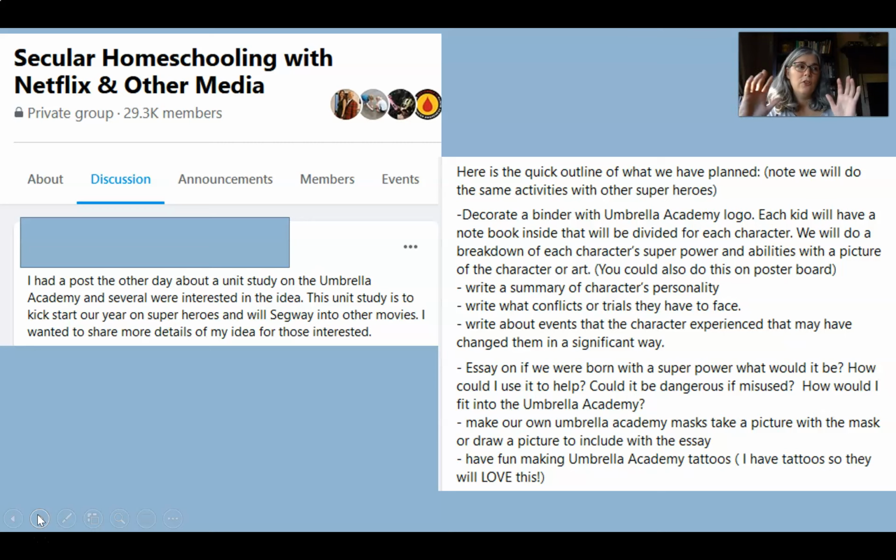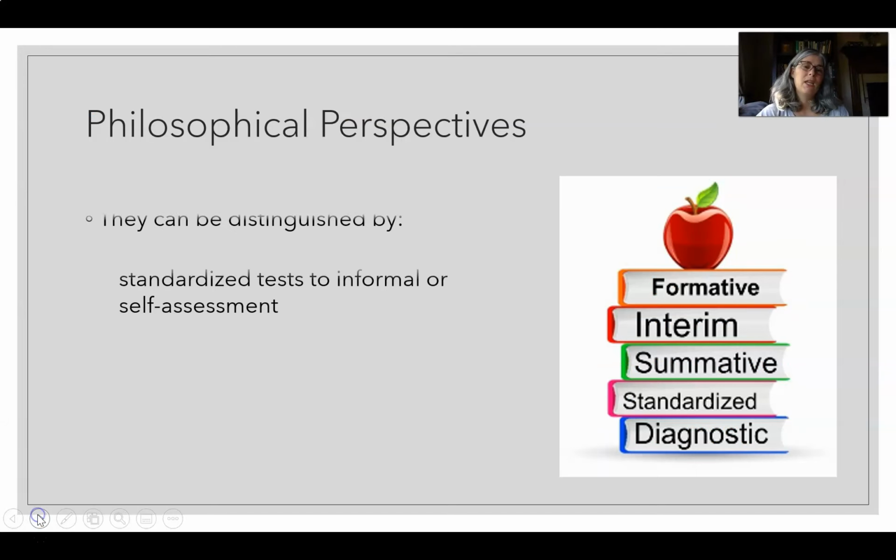So her entire curriculum was being driven by her students' interests, which were the Umbrella Academy, and that she is connecting this to writing, she's connecting this to their science classes, and I only included a few of the activities she had listed. That is very much student-led curriculum.